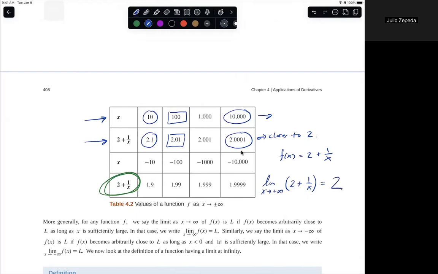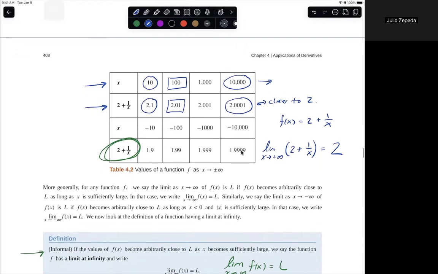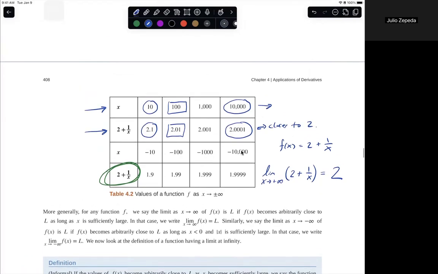There's something that we have to realize when we take a look at these kinds of functions. We can apply the properties of limits to the 2 and to the 1 over x. We can consider them separate functions. So here we have the limit as x approaches positive infinity of 2 plus the limit as x approaches positive infinity of 1 over x.